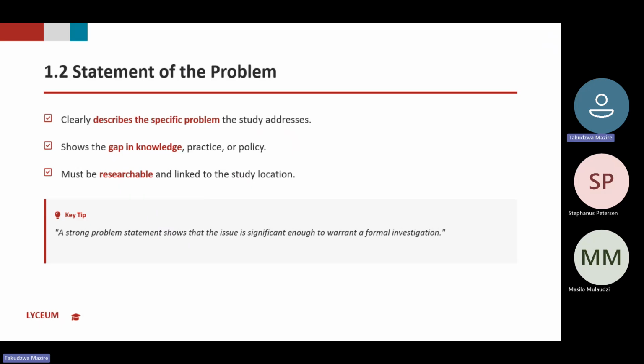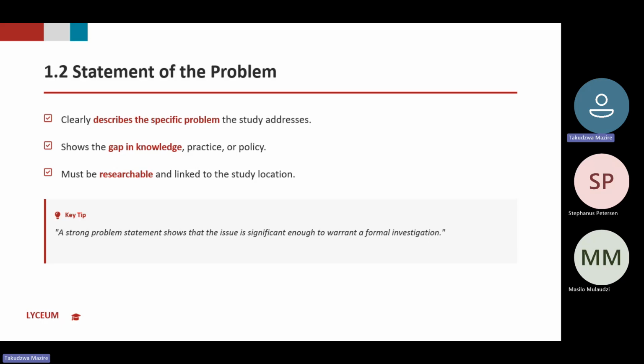Coming to the problem statement, you can write it as problem statement or statement of the problem. This important and critical section is where you clearly articulate the specific issue your study aims to address.